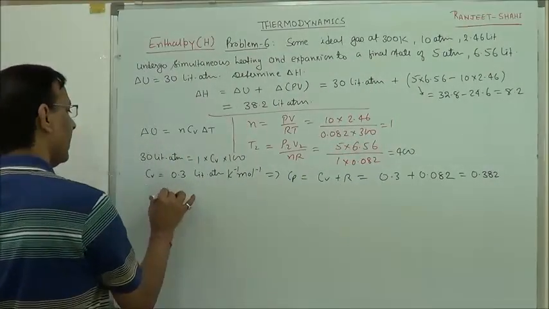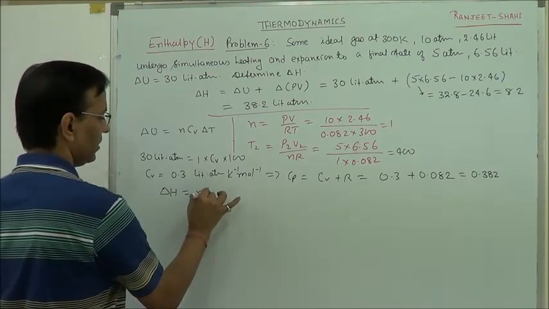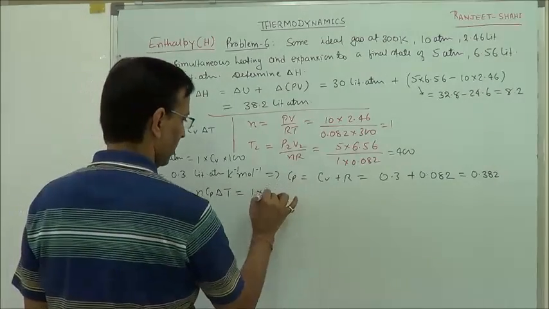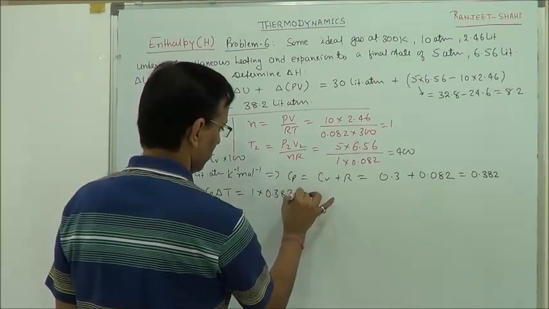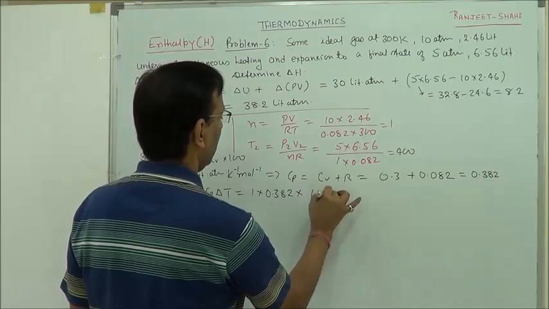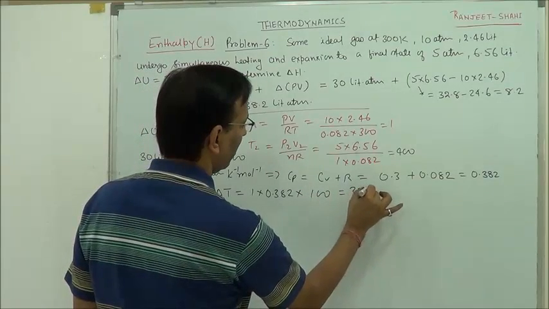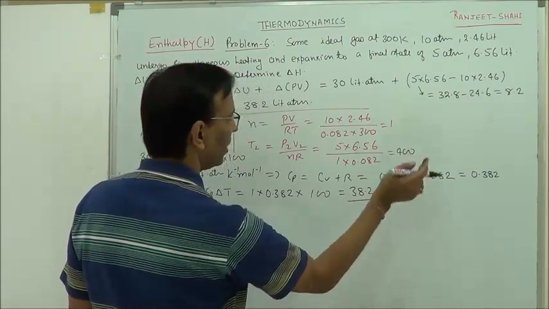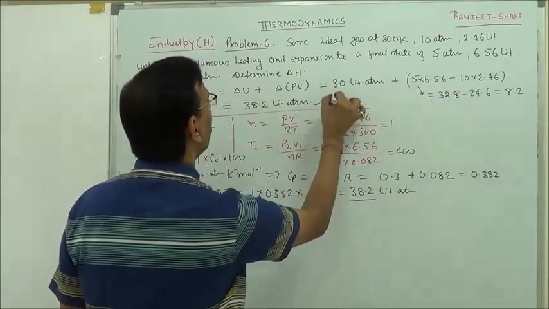So delta H is nCp delta T. n is 1, Cp is 0.382, delta T is 100. So once again 38.2 liter atmosphere, which is same as we determined here.